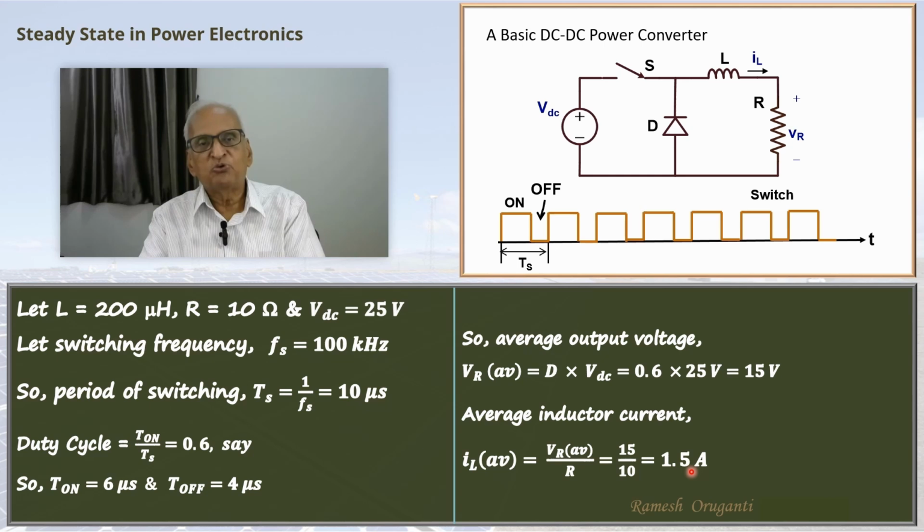The average output voltage across the resistance is 15 volts. The average inductor current is 1.5 amperes. We will use these values later in our discussion of transient and steady state operation of this particular converter.